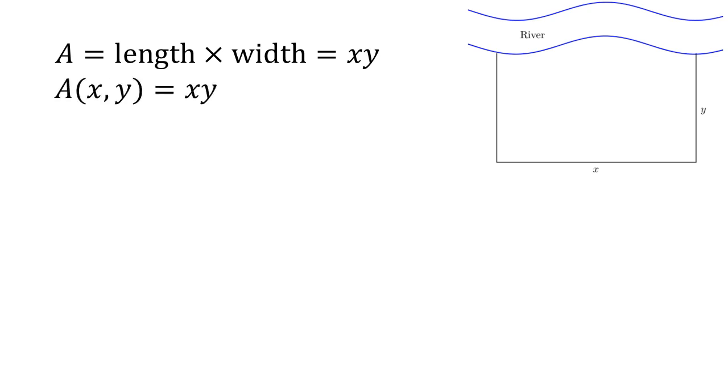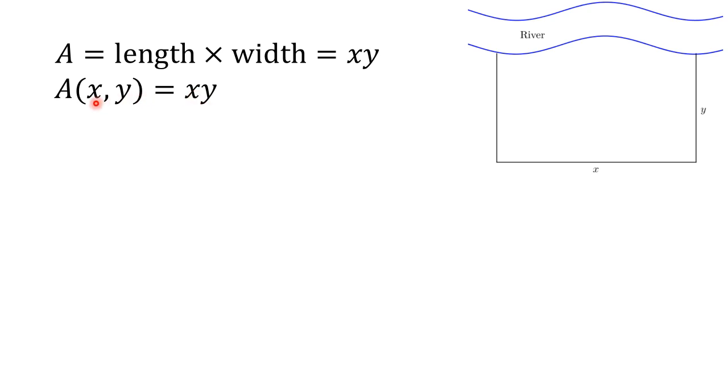So we have an area function which is a function of the length x and the width y. So area is equal to xy. However, ang hinihingi sa atin is express natin tong area function na to in terms of x only.